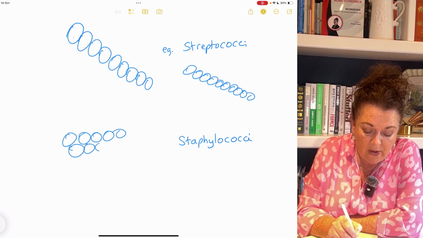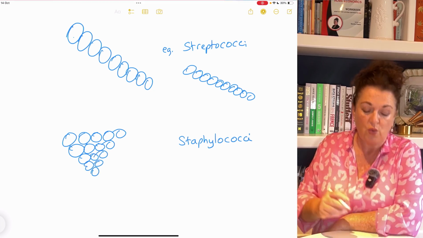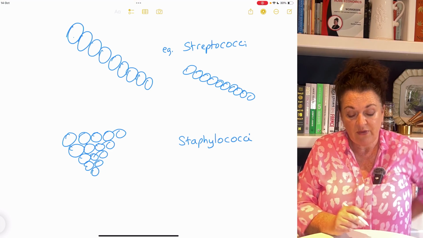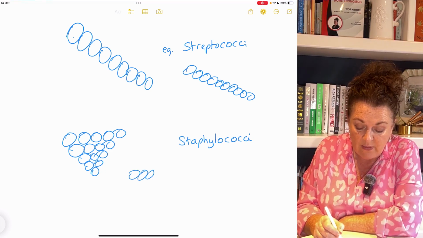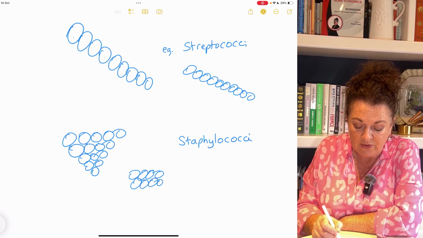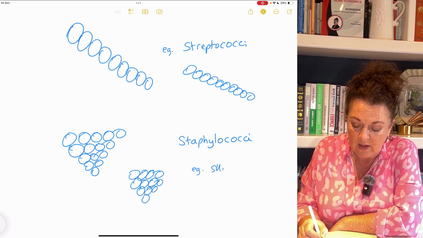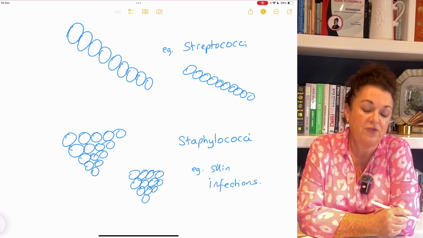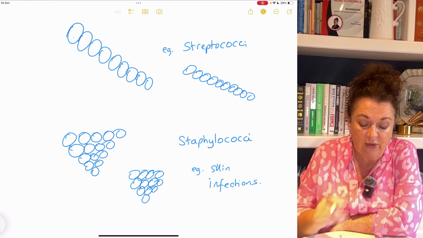Under a microscope, the bacteria would grow like a bunch, not as regular as this necessarily, but they would look like a bunch of grapes under the microscope. So skin infections would look like that.